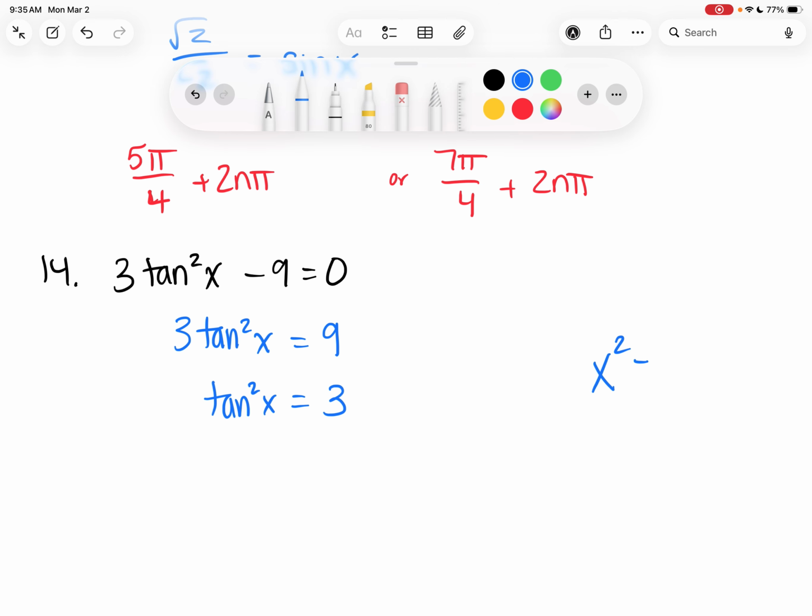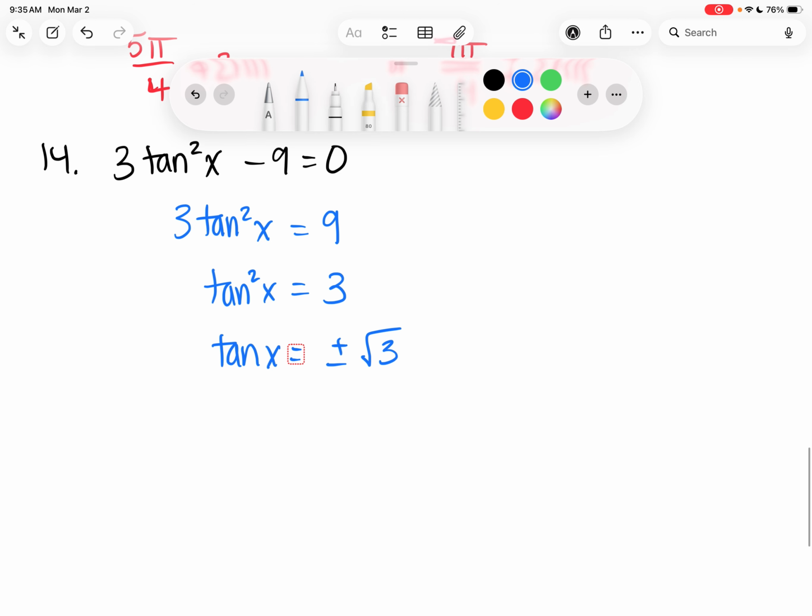If I have this, what would you tell me the answer is? Oh, yeah, it's plus or minus. So, tangent of x is equal to plus or minus the square root of 3. So, I'm going to look on here, and I'm going to just go with the positive square root of 3 first.